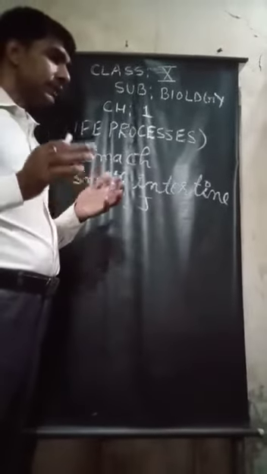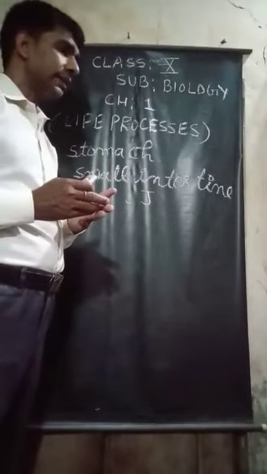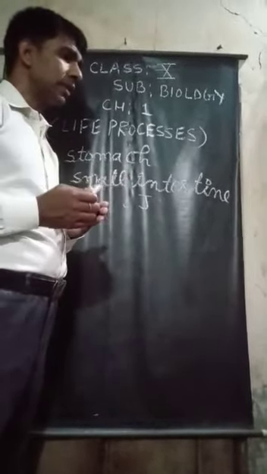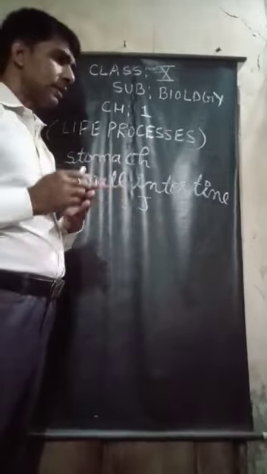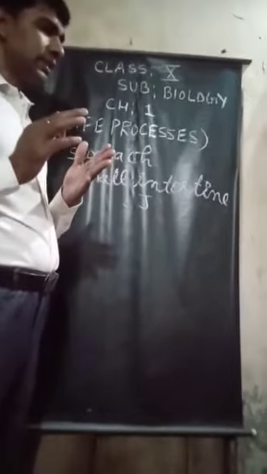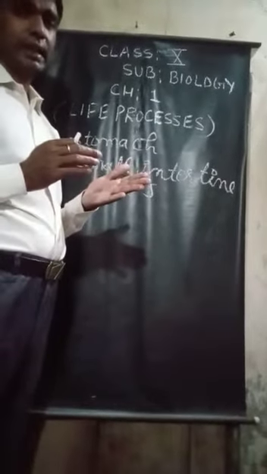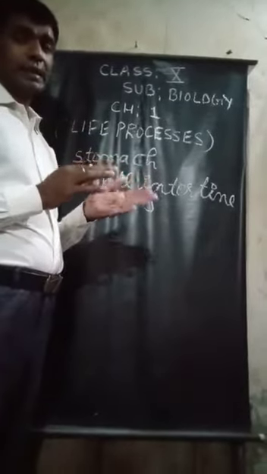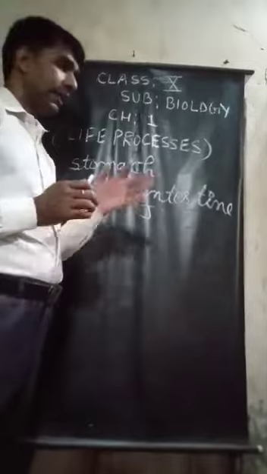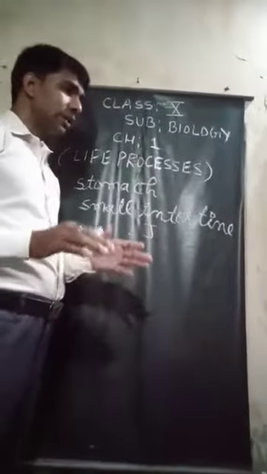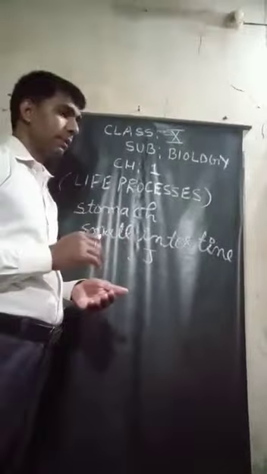Pepsin is first secreted in the gastric juice in the form of pepsinogen and then changed into pepsin by the effect of acid.